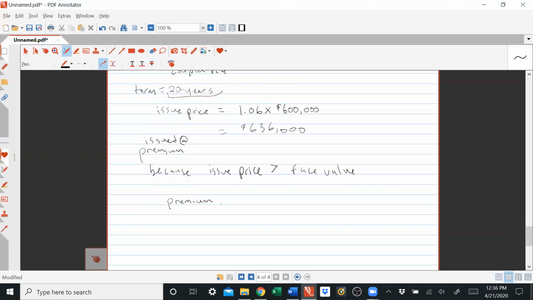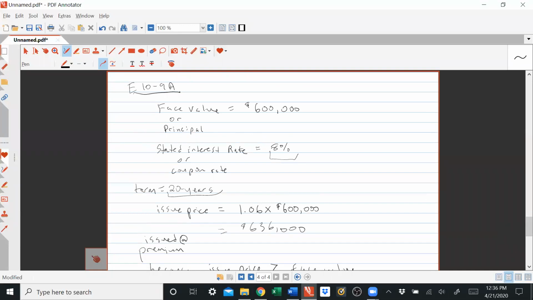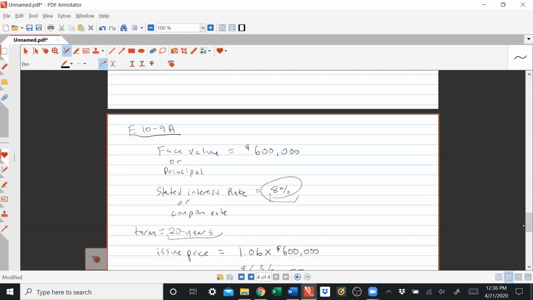Why is the issue price greater than face value? We'll talk about that in probably a problem coming up, but it has to do with the market interest rate on bonds similar to these bonds relative to this bond's stated interest rate. This bond's stated interest rate must be greater than the market interest rate, and that's why the borrower is demanding to receive more than face value from the lender.